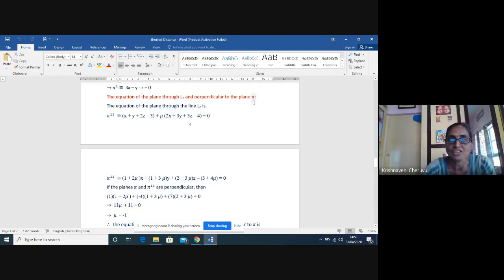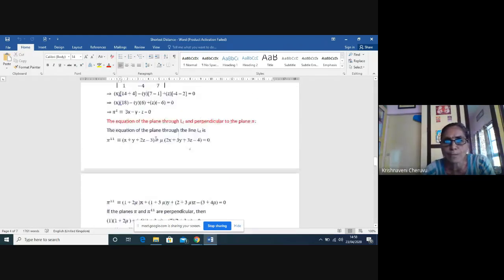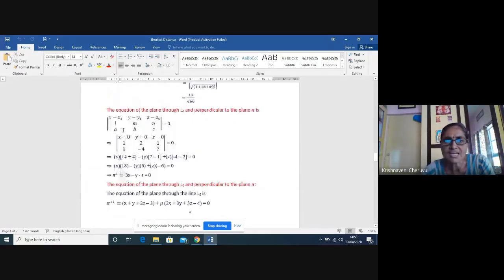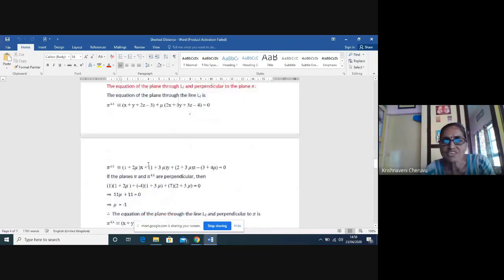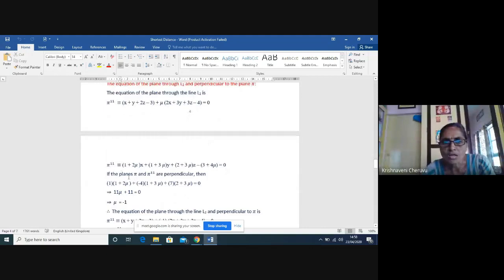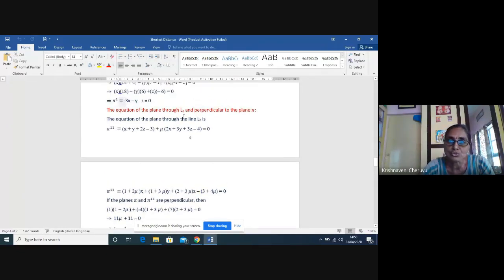Again, the perpendicular condition. What are the DRs of the normal to the plane pi? They are here, 1, -4, 7. And the DRs of the normal to this plane are 1 plus 2 mu, 1 plus 3 mu, 2 plus 3 mu. So a1a2 plus b1b2 plus c1c2 is equal to 0. See, you are now finding a plane through the line L2 and perpendicular to the plane pi.